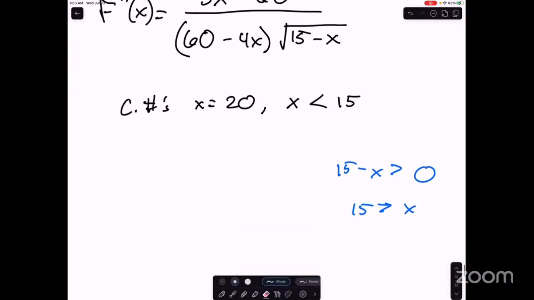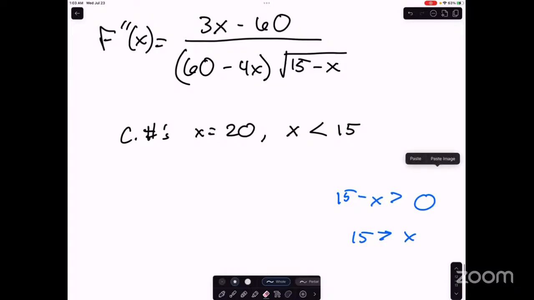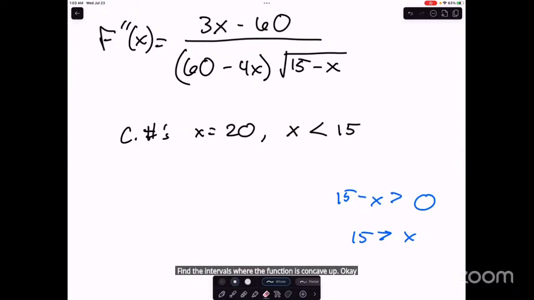Okay. Find the intervals where the function is concave up. So we got this 20. We know something happens at 15 and 20, right?